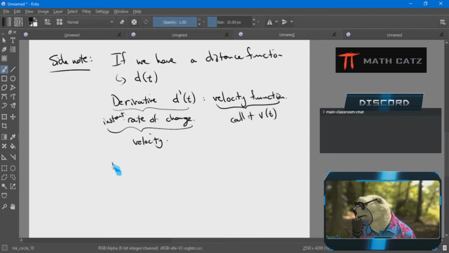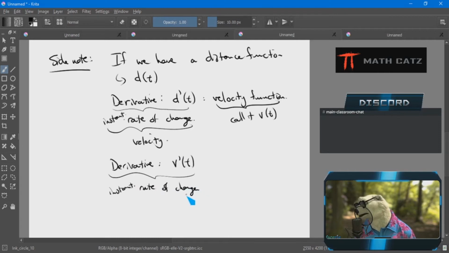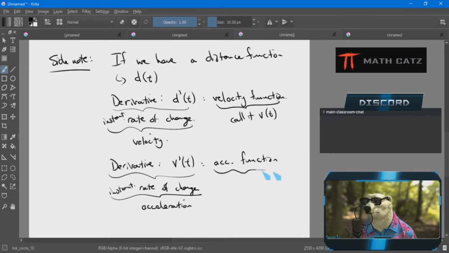If I look at the derivative of velocity, which means v prime, then that is the instantaneous rate of change of velocity, which is acceleration. So they are related by way of this derivative again.